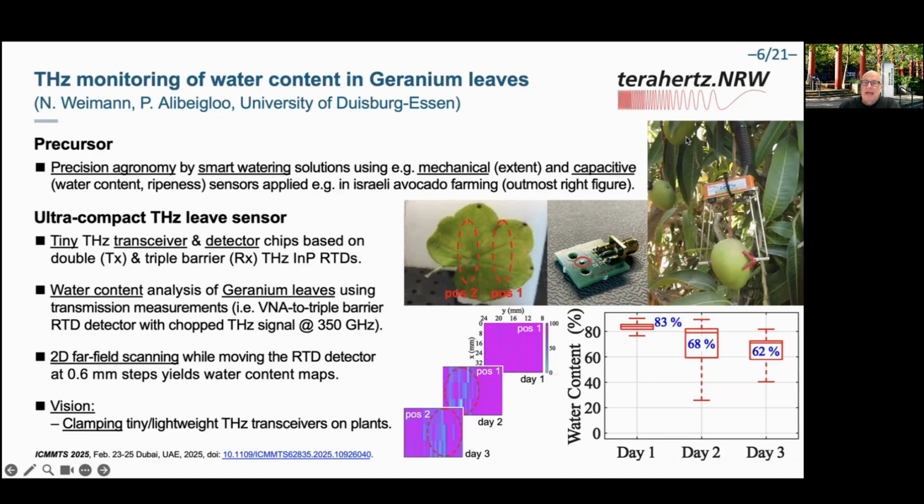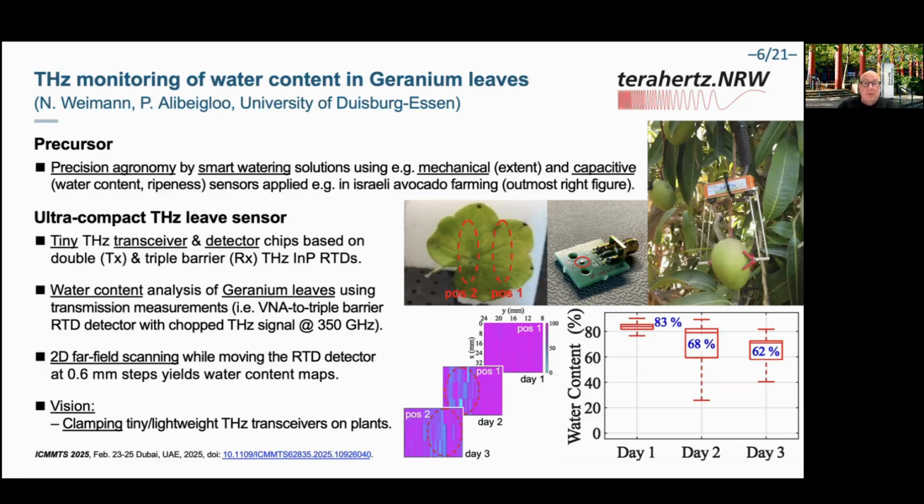And in this example, we see that this clamp is actually measuring the mechanical extent of the avocado. And on the other hand, they also use capacitive measurements in order to get some information about the water content and the ripeness in order to provide this very precise watering strategy.